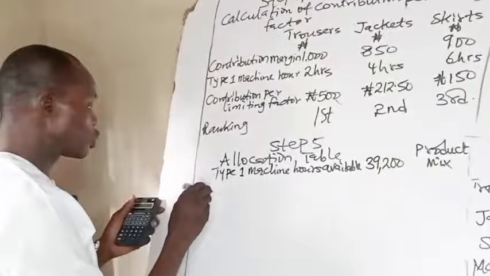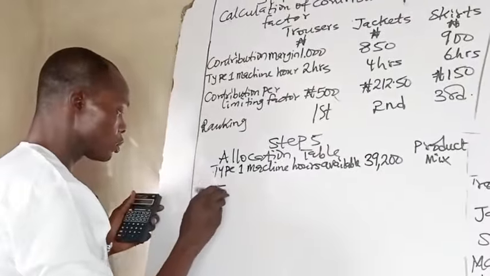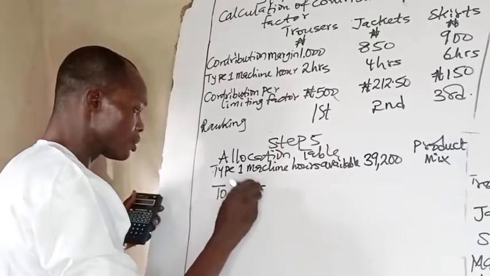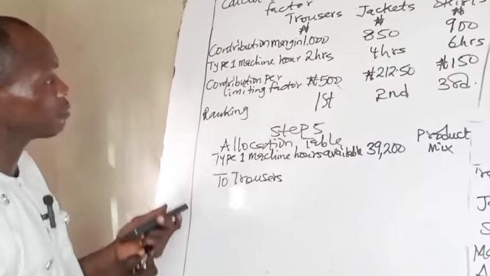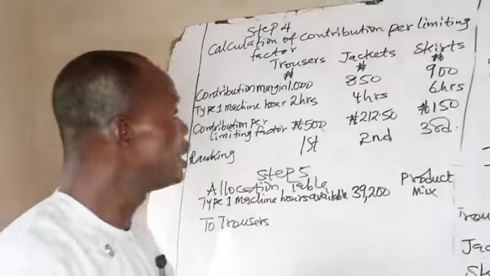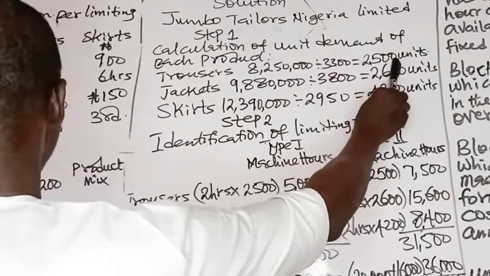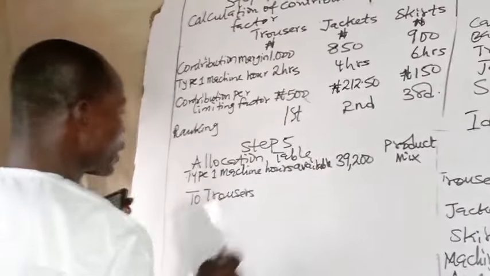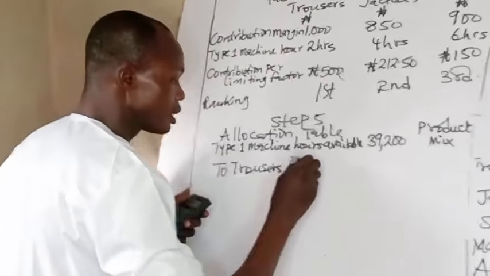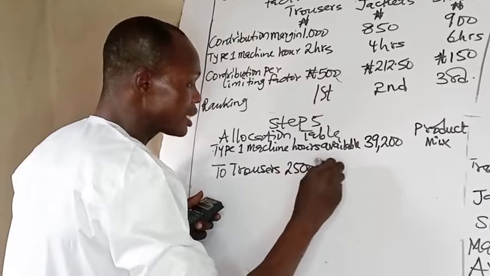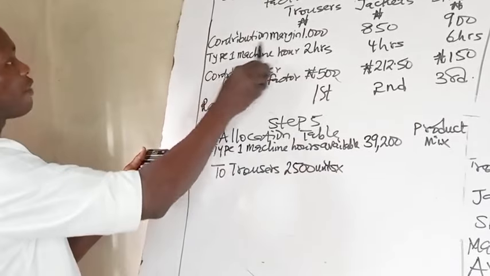So we now have trousers. Remember, the number of units of trousers demanded is 2,500. So we have 2,500 units times how many hours is required for a unit of trouser?